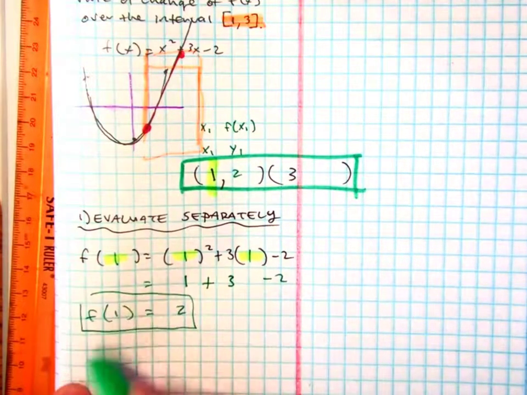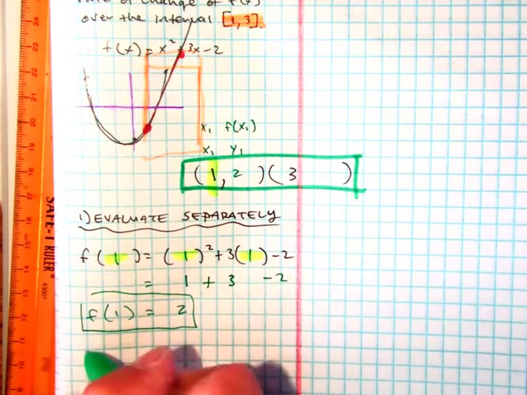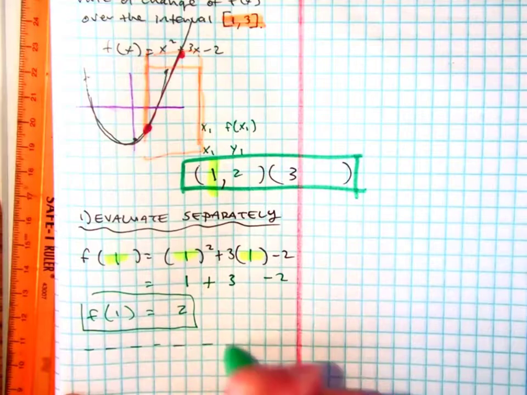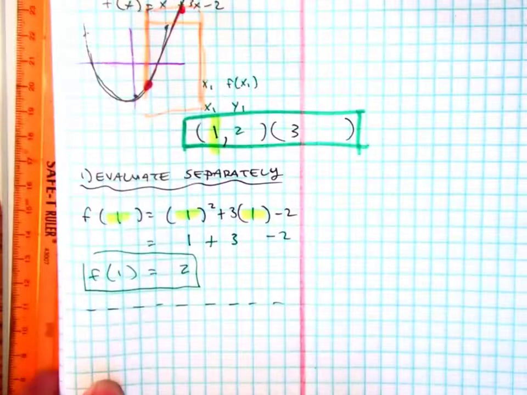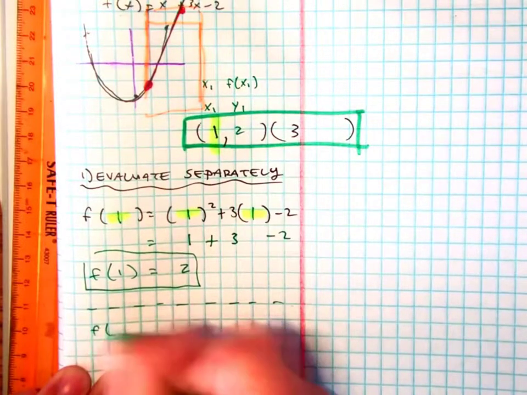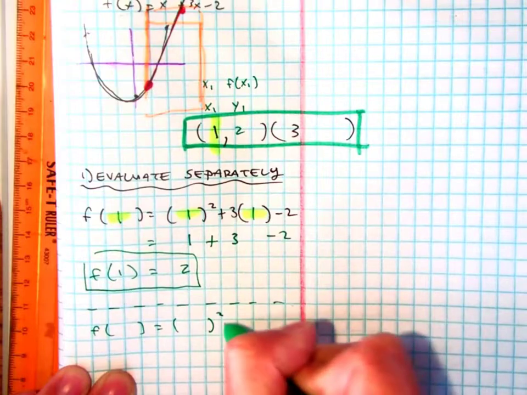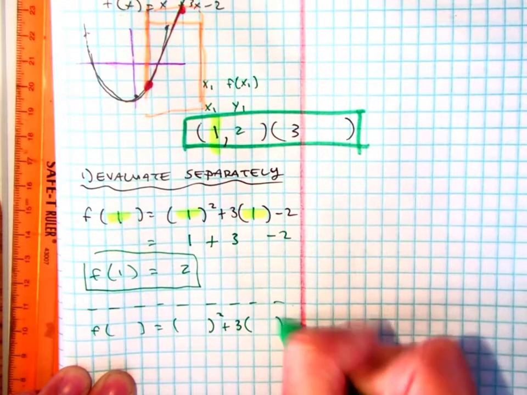Okay, so we've done the first ordered pair. Let's go ahead and do the second ordered pair. So I'm going to have the same function, and I'm putting the blanks there so you have enough space to fill it in with our input.